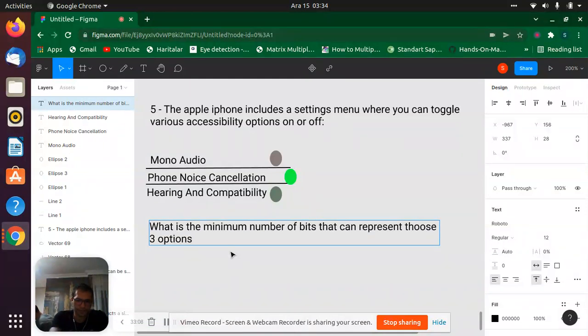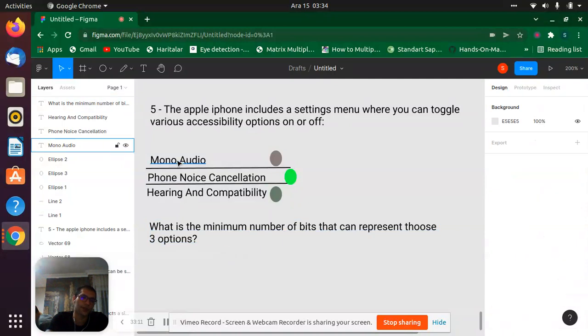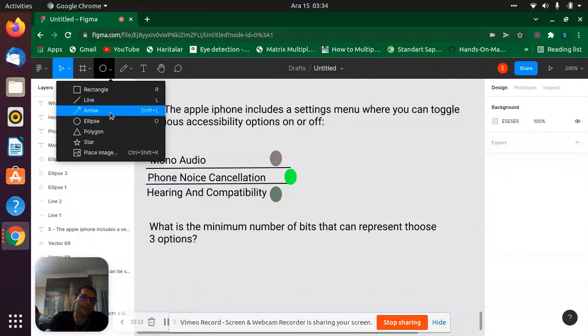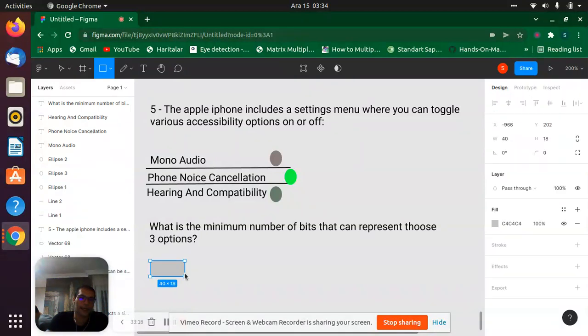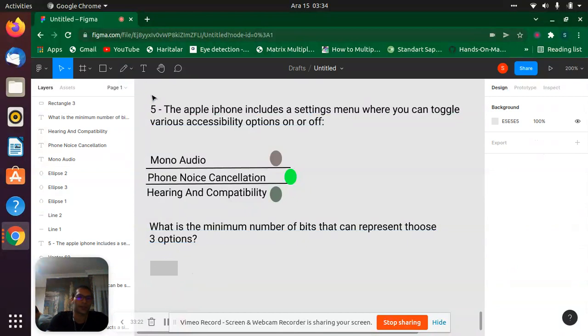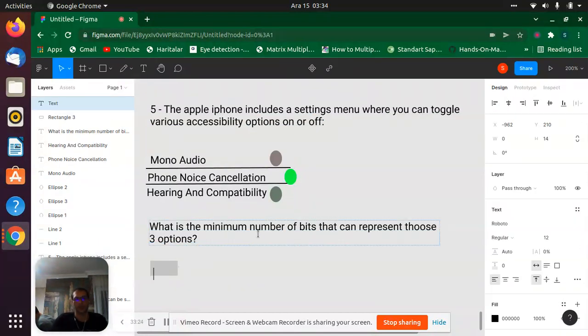So okay, now just think, first you have to think about that. Okay, I will take a rectangle again. This is our answer, please. We need one answer. Okay, what is our answer? Just first you have to think, then I will do. So we have a three option menu. What is the minimum number of bits that can represent this situation?